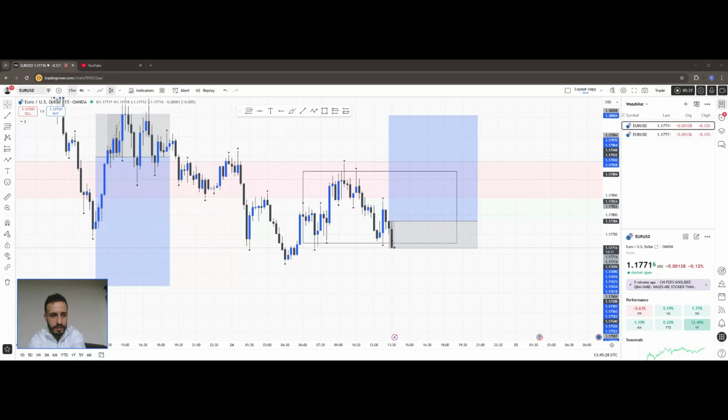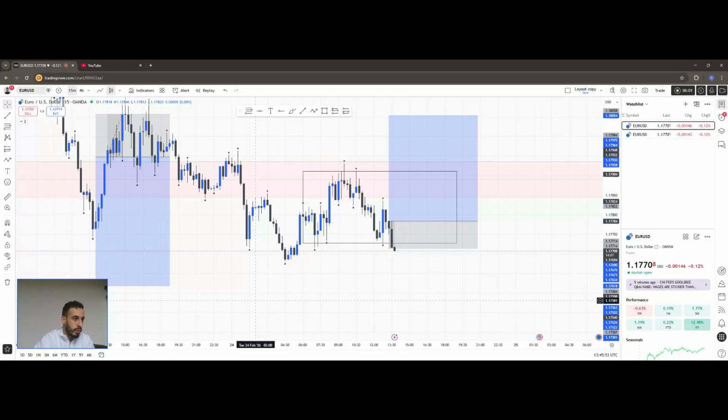If not, we wait for the next trade. So I go ahead and I cancel my trade. I just delete it. Don't know if you can see it, but yeah, I'll just delete the trade.